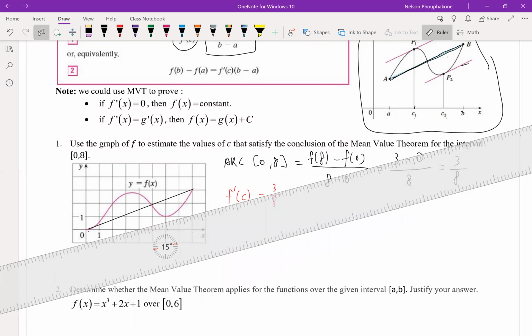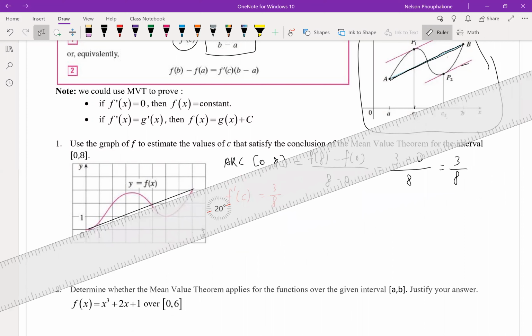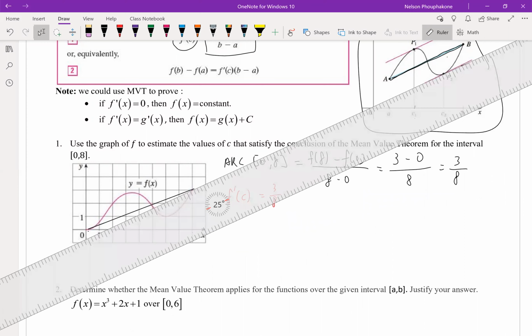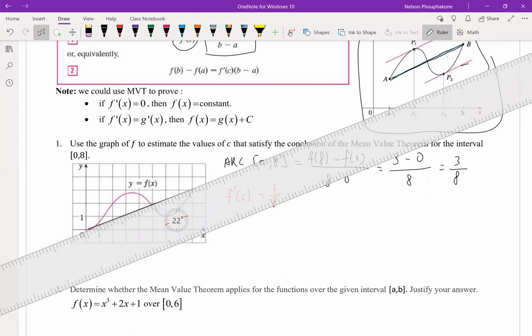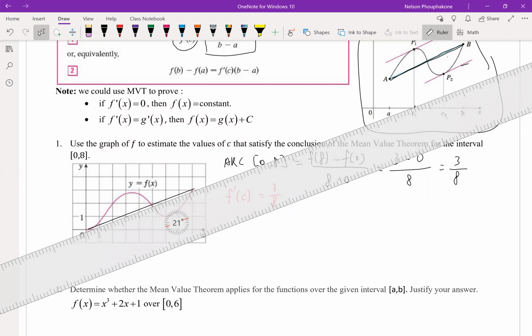Remember, the c value is between x = 0 and x = 8. And now this is what we have. And if I move it, it seems that I have here, I have 1.